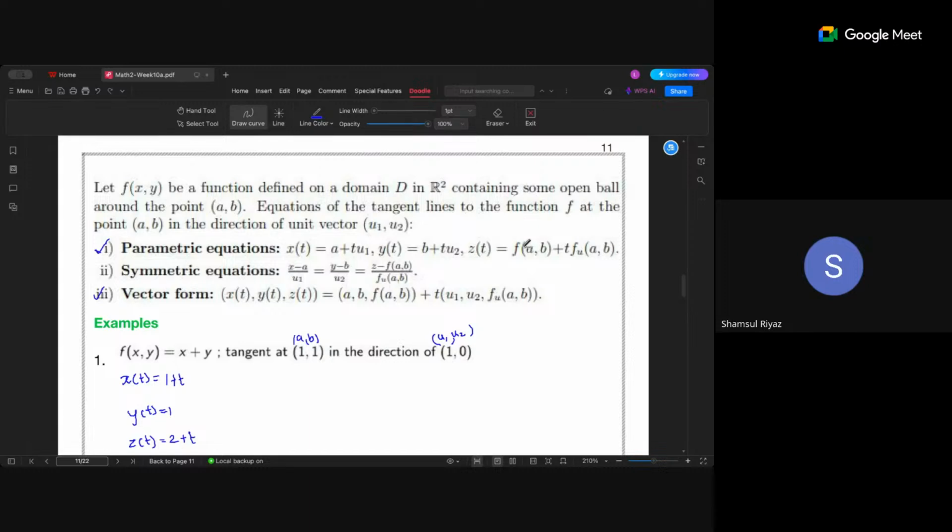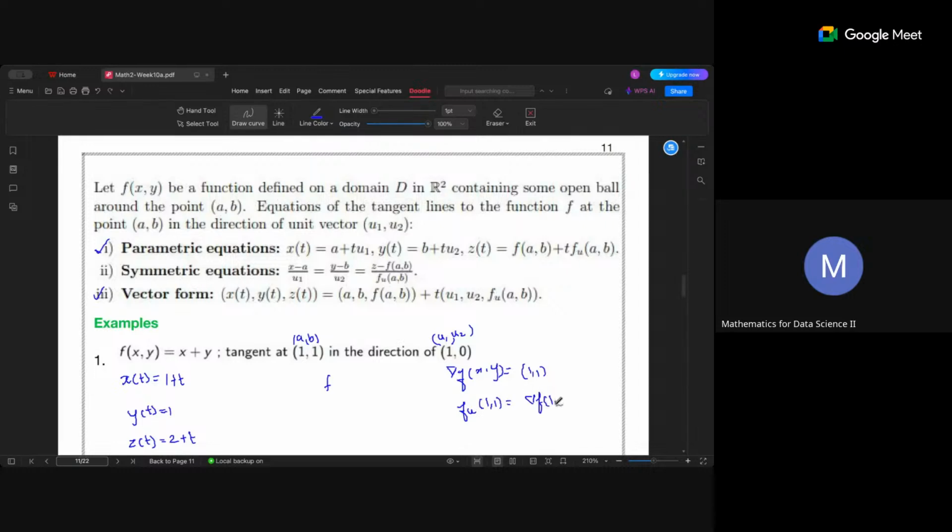Ma'am, can you explain how that z of t is equal to 2 plus t? What is f_u of a comma b? First of all, what is del f? Del f at x comma y is 1 comma 1. So at 1 comma 1 also it is going to be the same because it is just a constant. Now what is f_u at 1 comma 1?